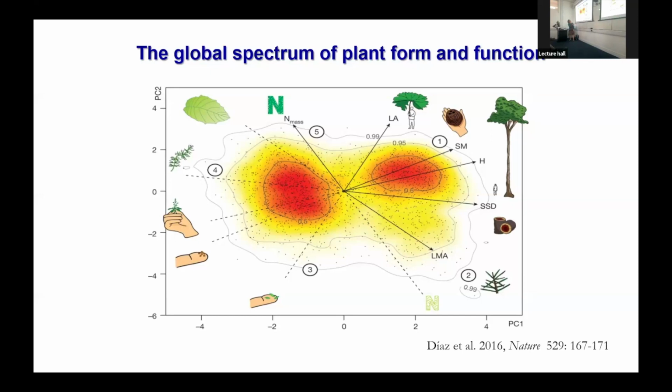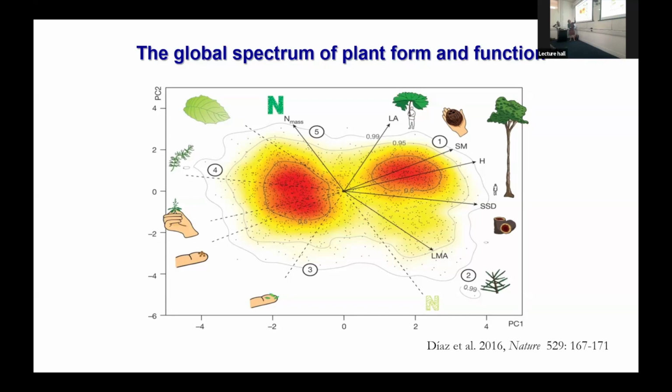One of them is this one. It's an axis of size. And it goes from very small plants with tiny leaves and seeds, all the way to tall plants with large leaves and seeds, from duckweed to Brazil nut.